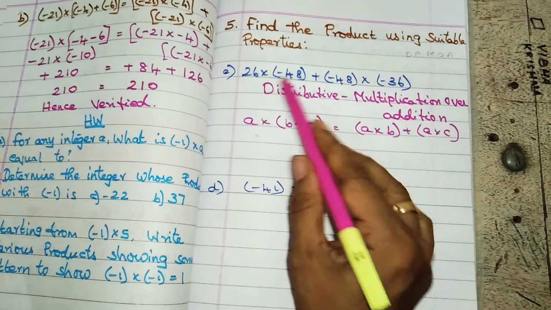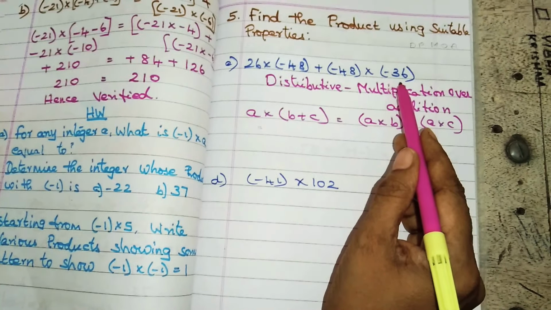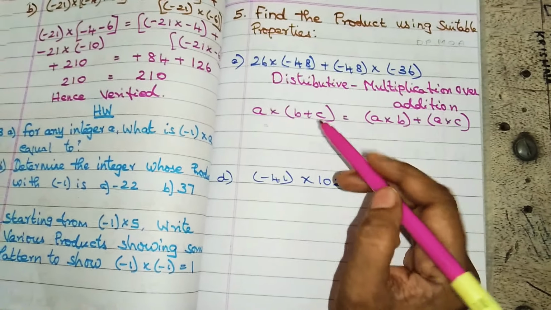So A into B plus A into C is your RHS that is given. So you have to find out the LHS.